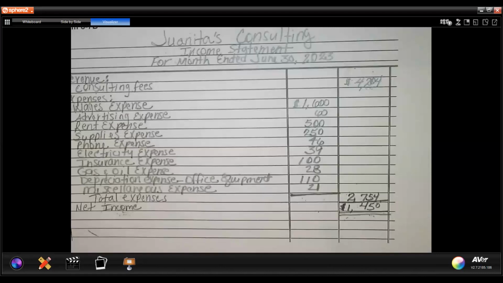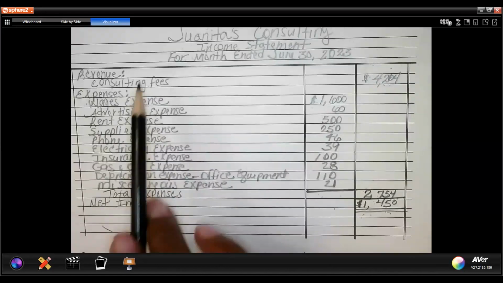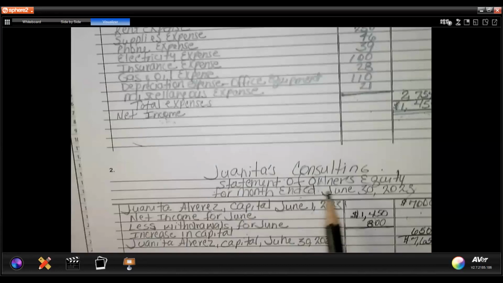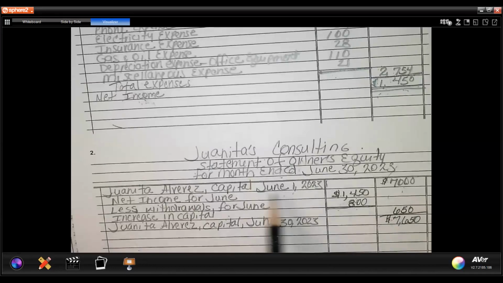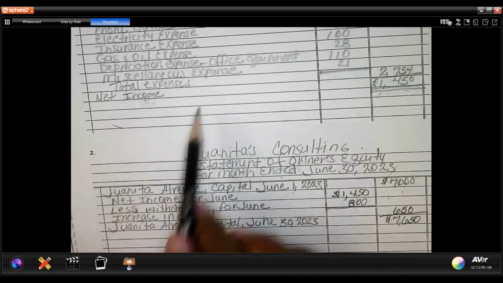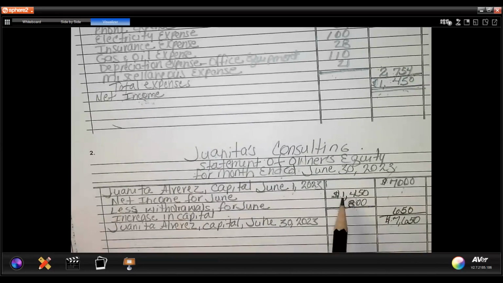So this is her income statement. Again, we pull all this information off of our worksheet. This is her statement of owner's equity. We of course needed the net income or net loss, as well as to figure out what her actual owner's equity was at the end of the month.